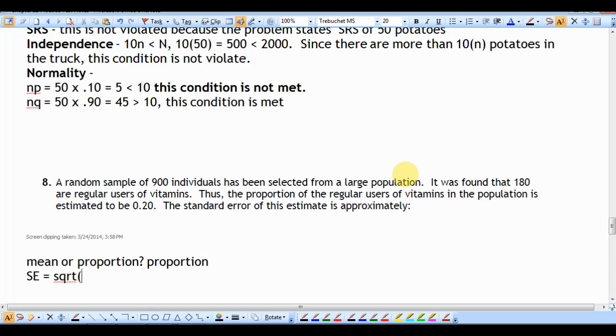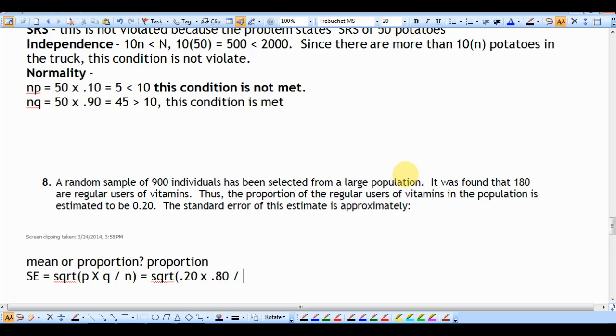Okay, so the standard error for a proportion, do you remember what that is? Square root of p times q over n, the whole thing. Which is equal to the square root. p is 0.20. q is 0.80.